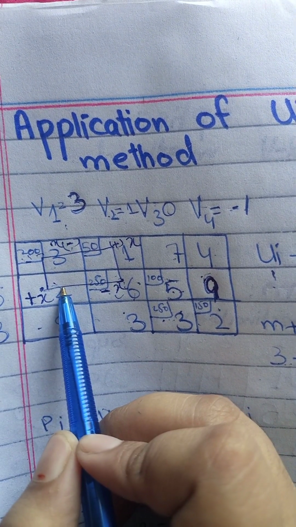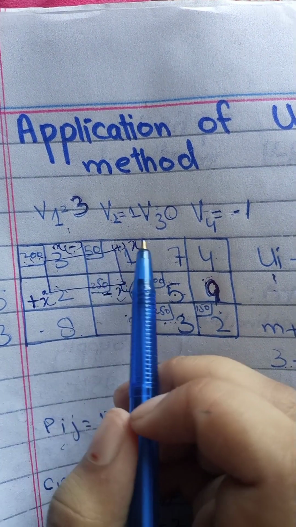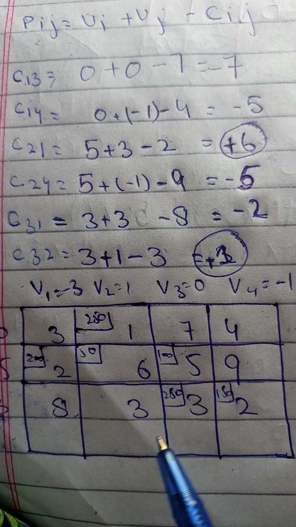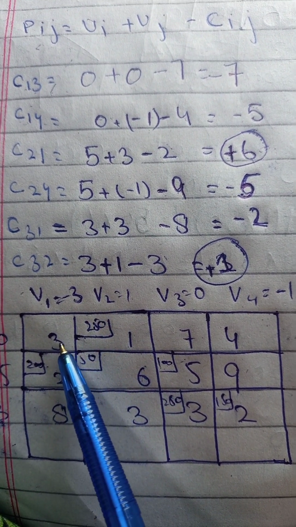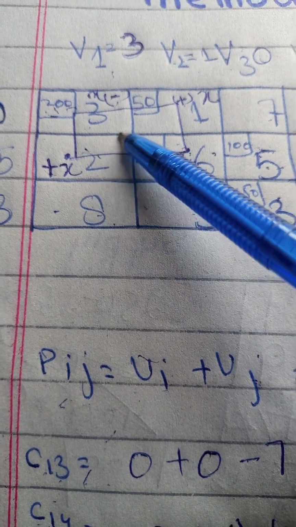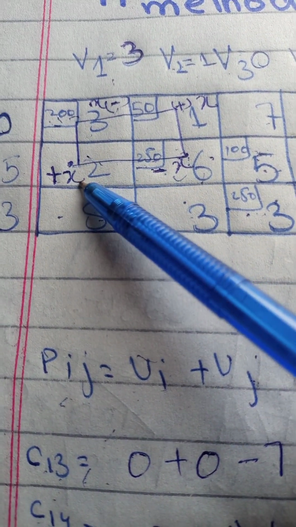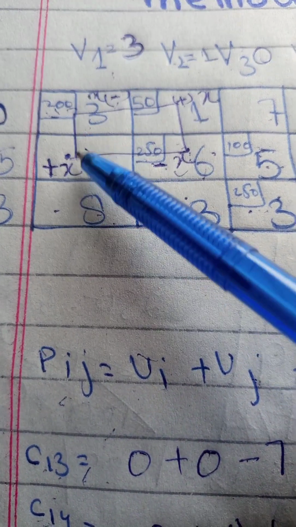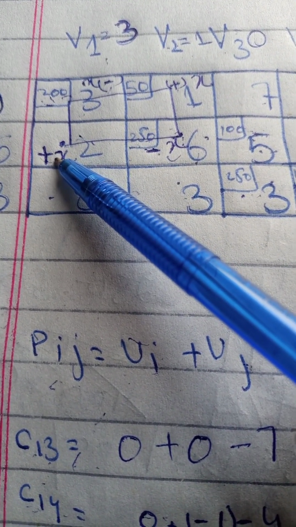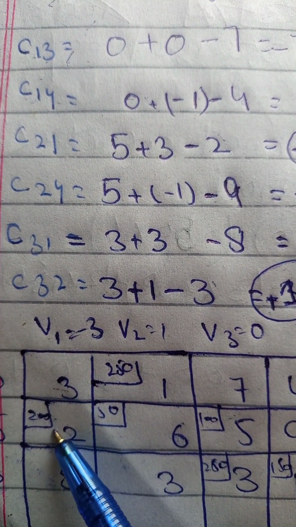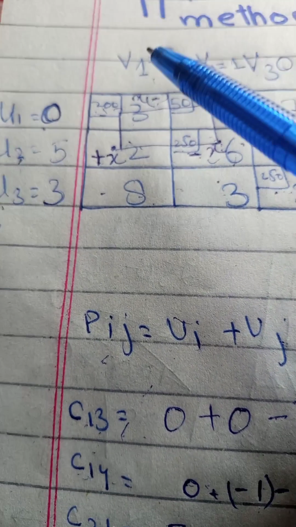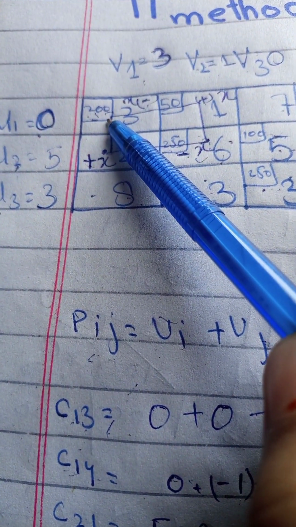For this purpose, we have to make a new table to proceed furthermore. We have created another table. In this table, we will write the allocations according to the given conditions. There is no allocation, so plus 200 will become 200 allocation in that cell. Here is 200 allocation already.